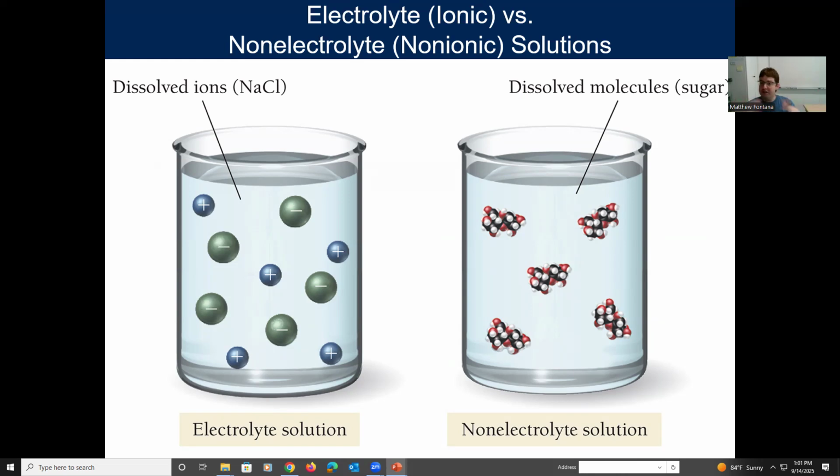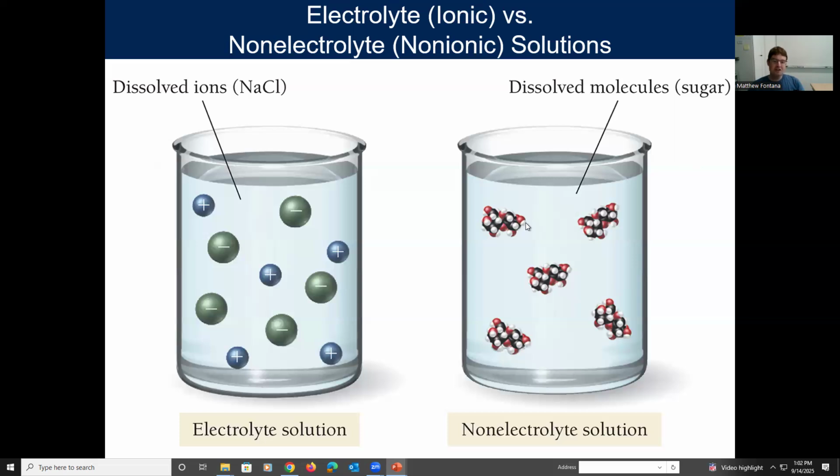As another example, let's say we have sugar molecules. The molecule for sugar is sucrose, and this is a model of what sucrose looks like. You might be able to see there are a lot of red spheres bonded to white spheres.